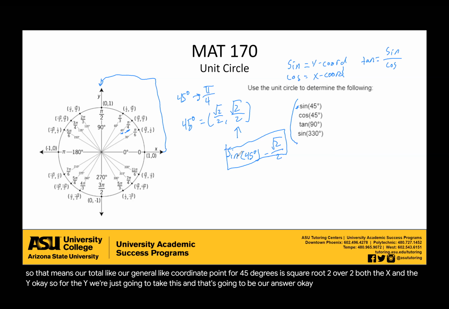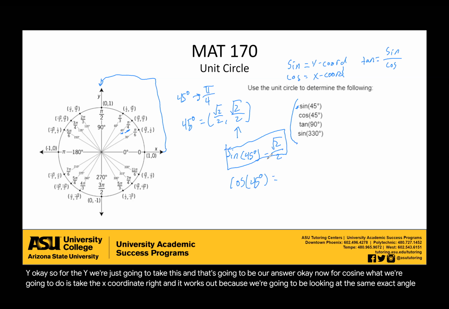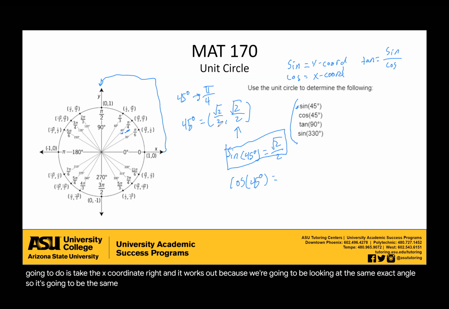Now for cosine, what we're going to do is take the x coordinate. It works out because we're looking at the same exact angle, so it's going to be the same exact coordinate point: square root 2 over 2, comma, square root 2 over 2.